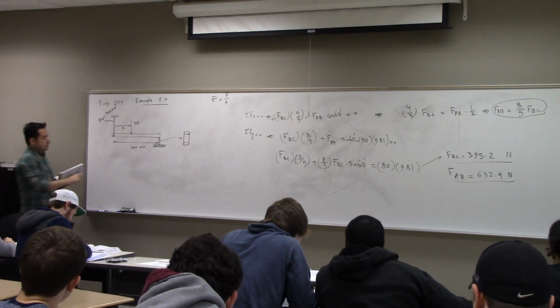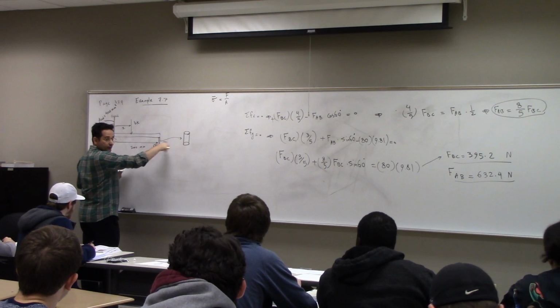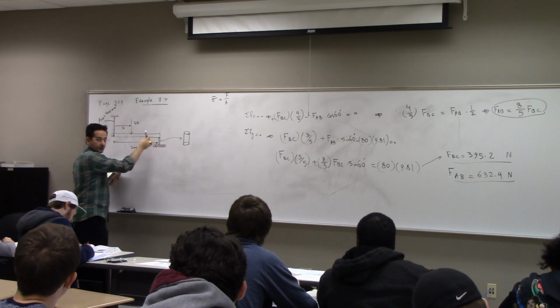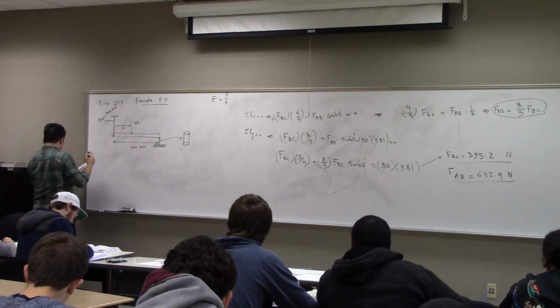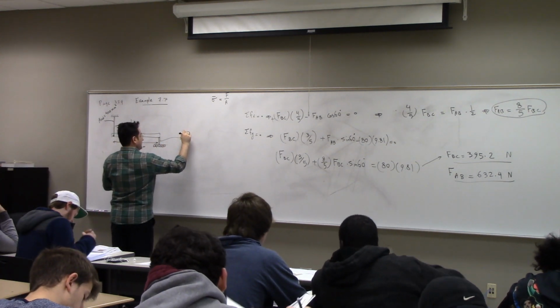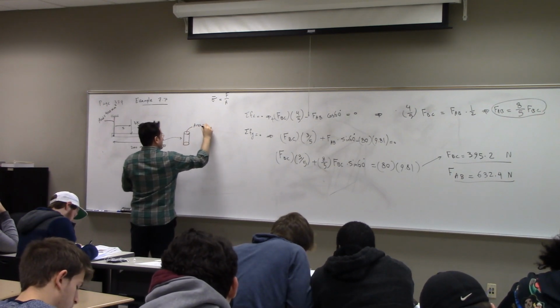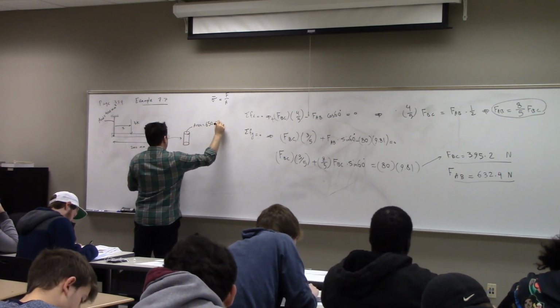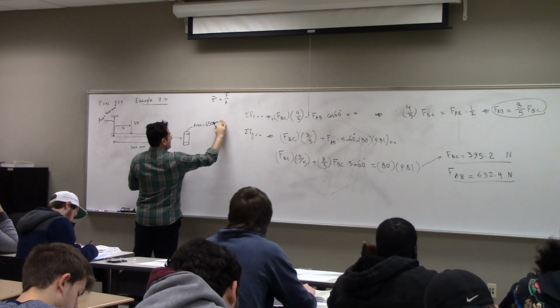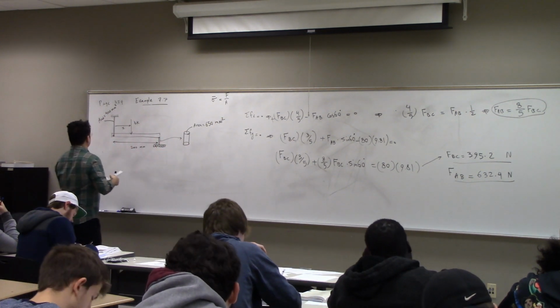The reason that I put a roller here is because you don't put a moment or force in the X, it's perfectly on Y. And the cross-sectional area of this is equal to 650 millimeter squared. The other one is 400.